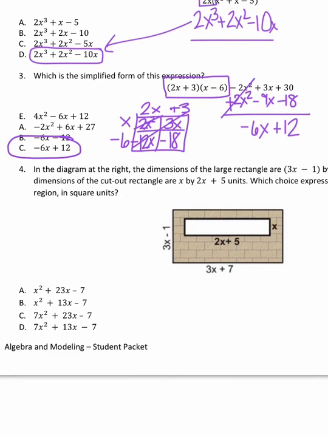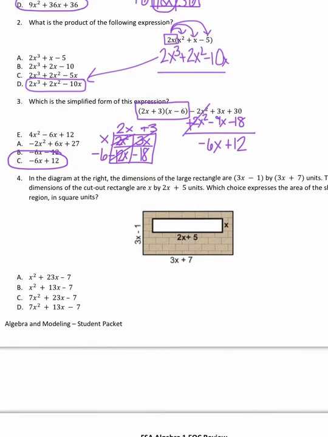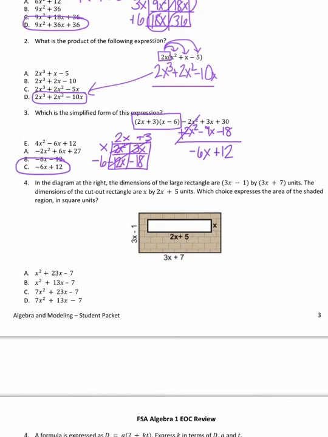Now, that one's more what if you have a straight equation that you're going to see on the FSA. They're not going to give you the straightforward type, but number 4 is a lot more like what you're going to see. It says in the diagram, the dimensions of the large rectangle are 3x minus 1 by 3x plus 7 units. So that's talking area. So don't forget with area, I'm going to go ahead and multiply.